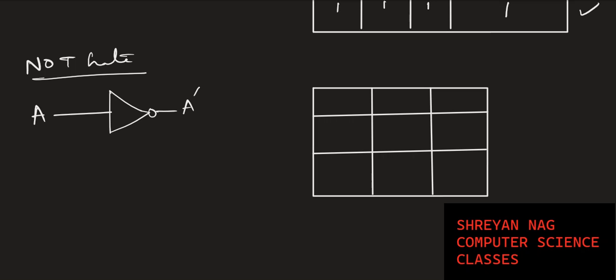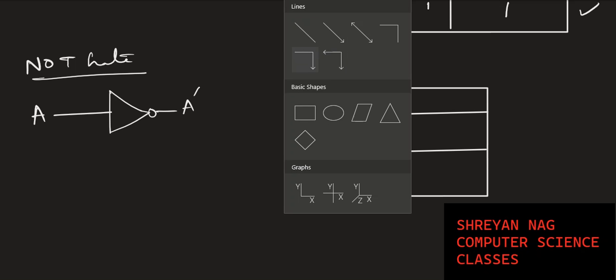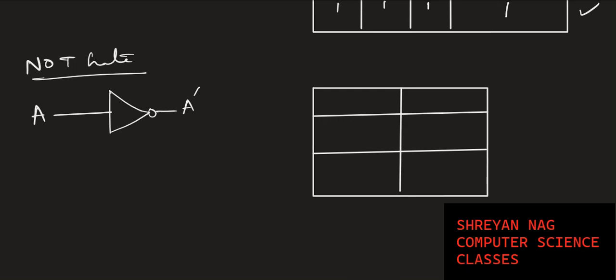Now we have made the truth table. Since there is only one input, depending upon the formula we have seen, 2 to the power of the number of inputs, here it is only one input, so it will be 2 to the power 1, 2 rows for the bit configuration.